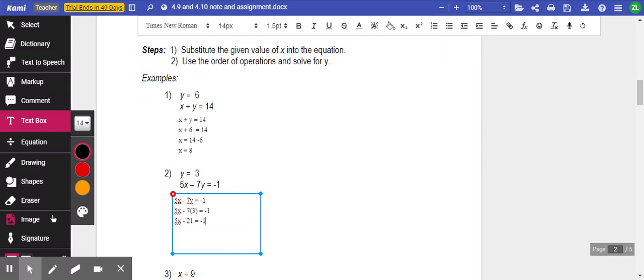Once again, we want our x's on one side, or variables on one side, and numbers on the other. So 5x equals, if I move that negative 21 to the other side, it becomes positive 21 minus 1. So then it's 5x equals 20. And if I want to get x by itself, I have to divide by 5, the coefficient, on both sides.